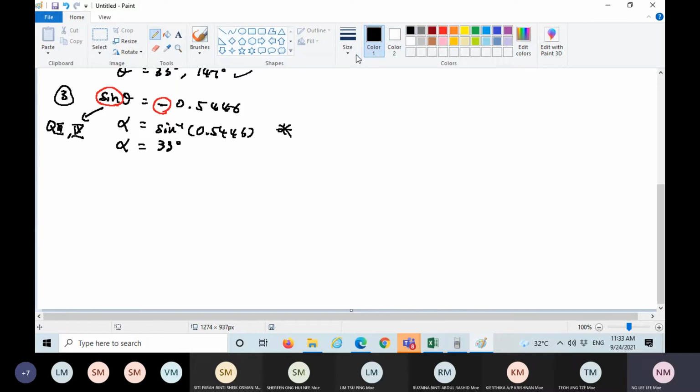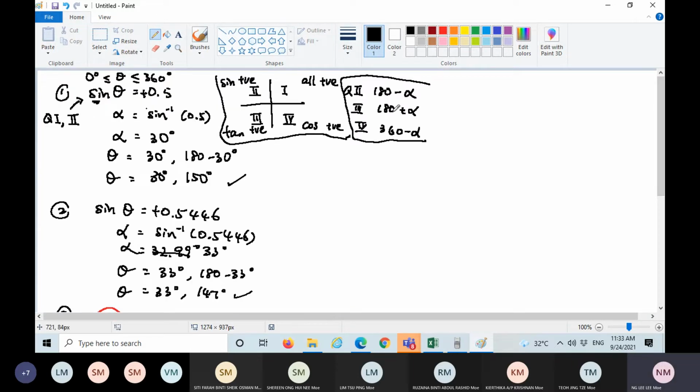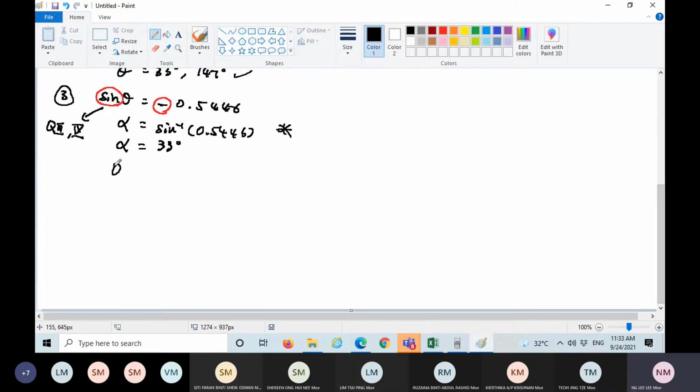Then we refer back: in the third quadrant you do 180 plus alpha, in the fourth quadrant you do 360 minus alpha. So theta: the third quadrant one is 180 plus alpha, the fourth quadrant one is 360 minus alpha.